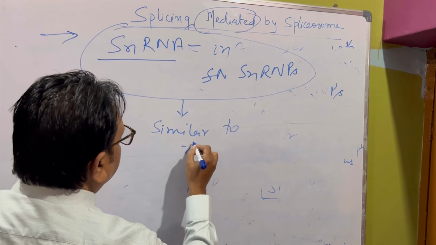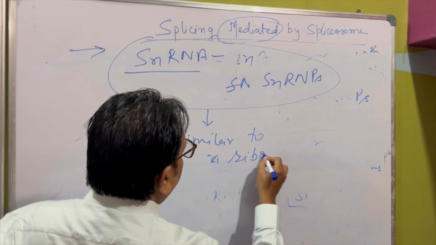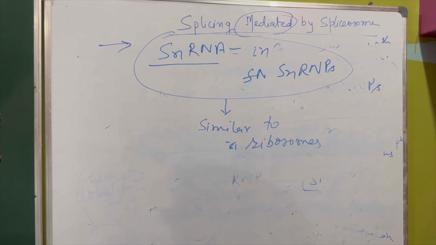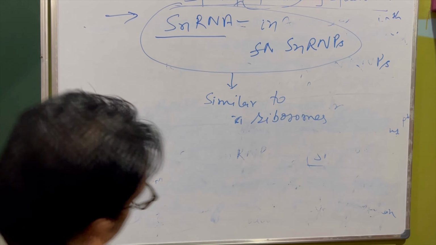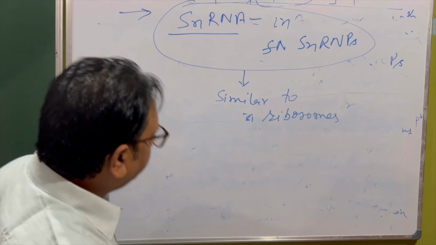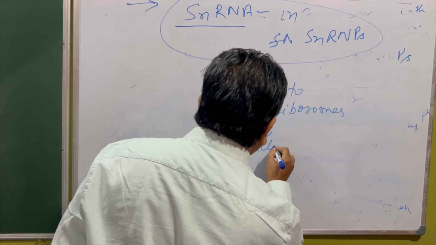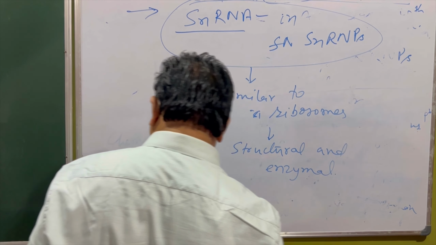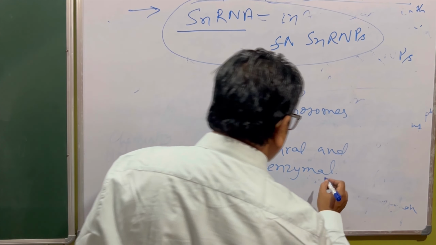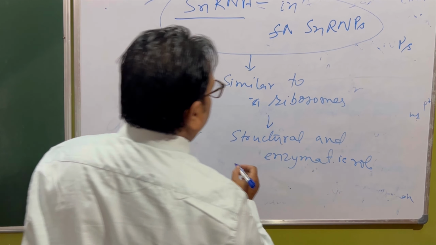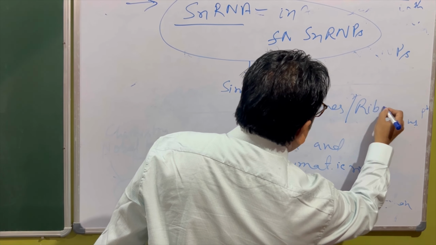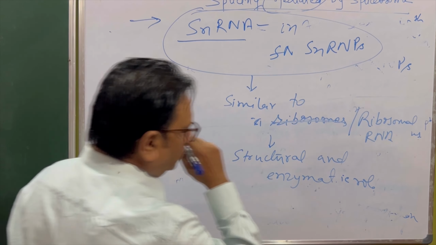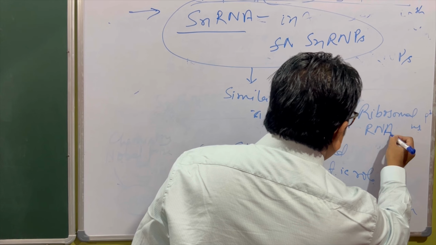In which respect? In being enzymatic, because snRNA in snRNP will have both a structural and an enzymatic role, like ribosomal RNA. Not ribosome, like ribosomal RNA. Okay?